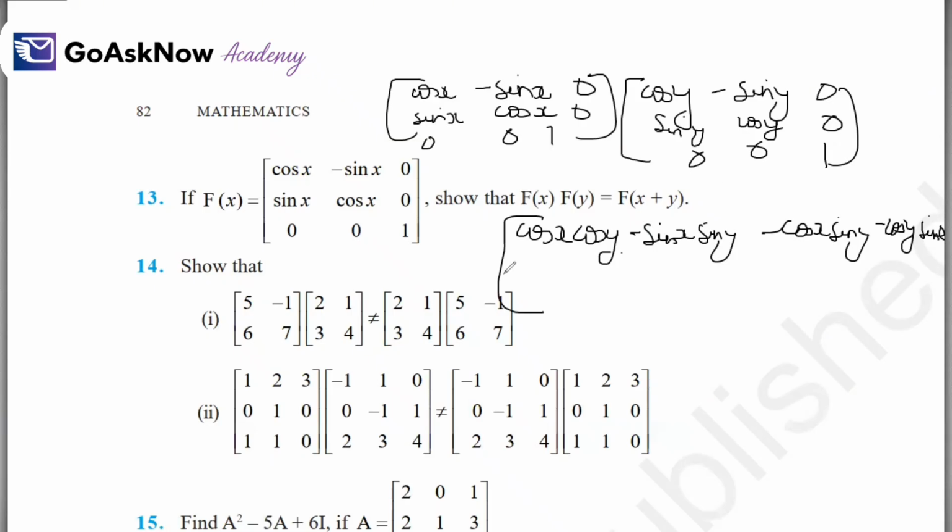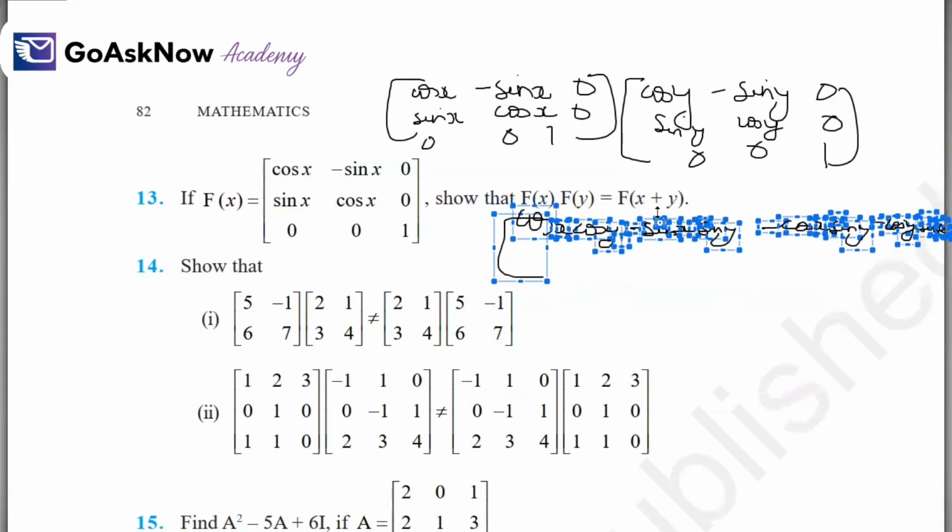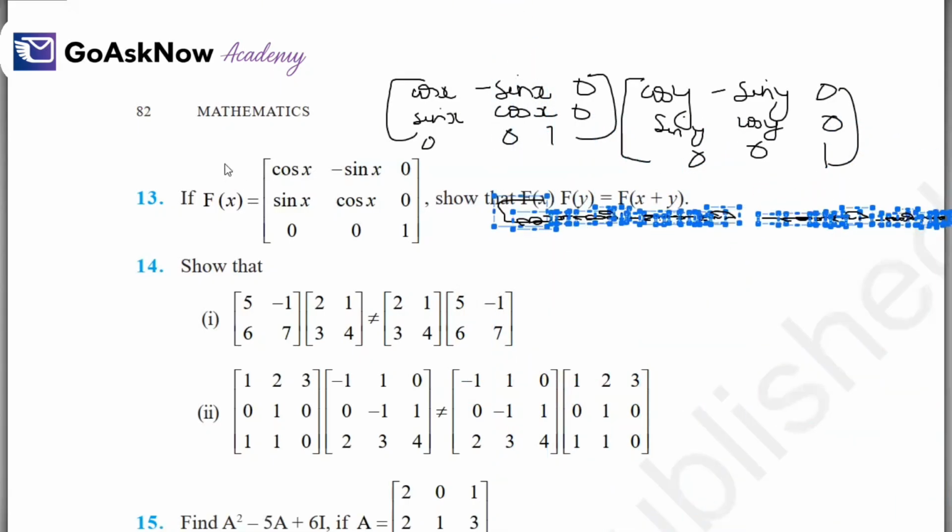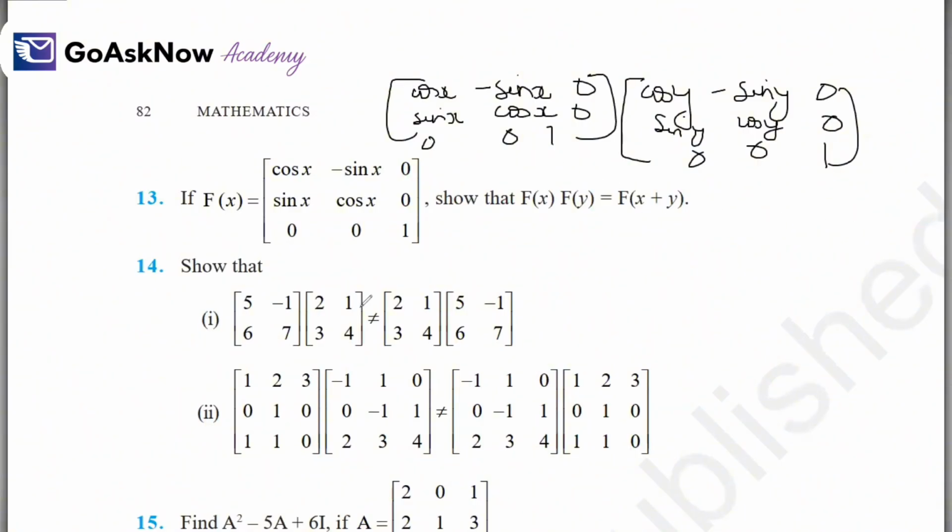I will write it in the next line, so there will be more space.